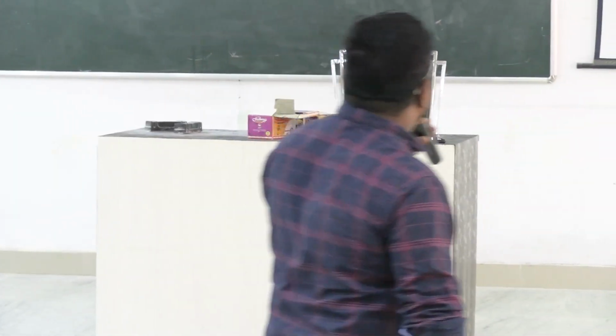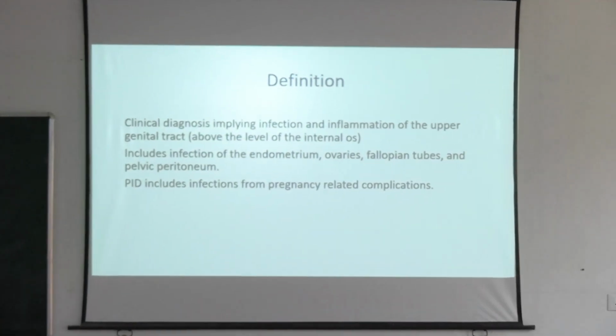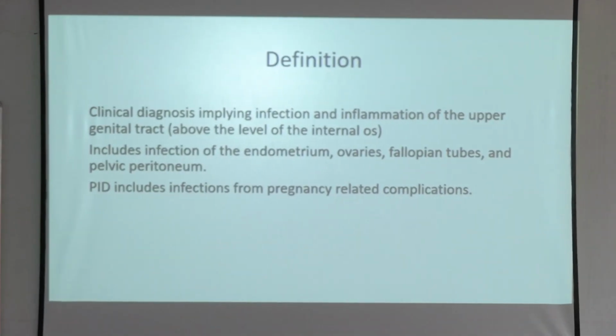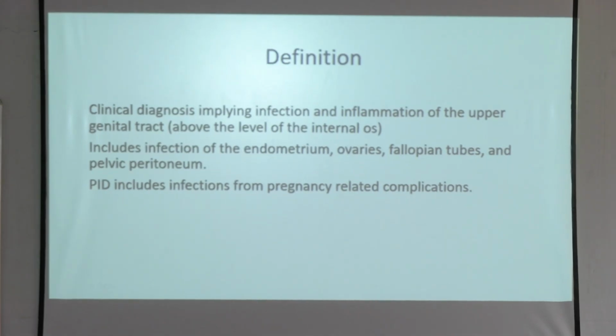Any infection that occurs, whether it is a sexually transmitted infection or an infection because of iatrogenic causes like D&E, after delivery, or after any kind of gynecological operation, is included in PID. It includes cervicitis, endometritis, salpingitis, tubo-ovarian abscess, peritonitis, all of these. Anything above the internal os.